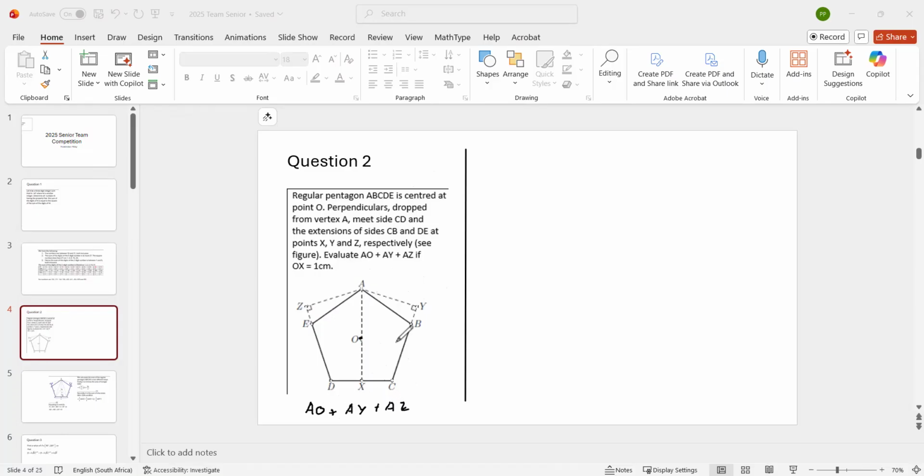In other words, the sum of the 3 lines, there are 5 of them. Anyway, you just want the sum of the 3 dotted lines, AO, AY, AZ, and you want to add all of them. All right, so we need to calculate these.